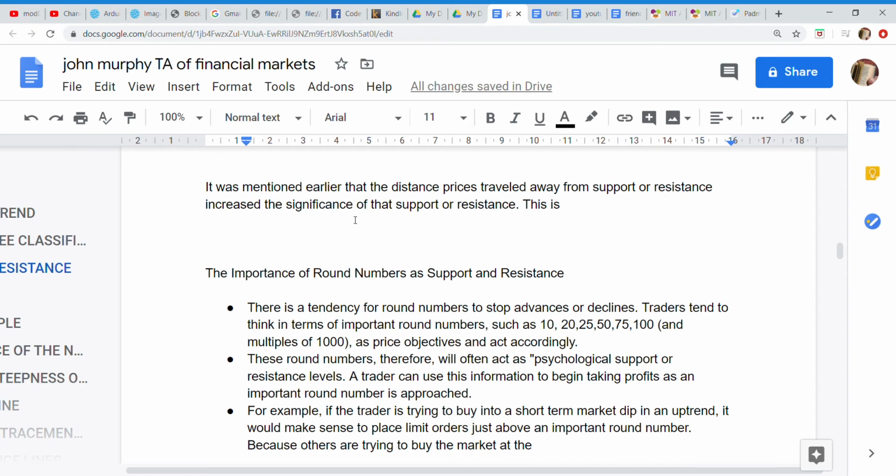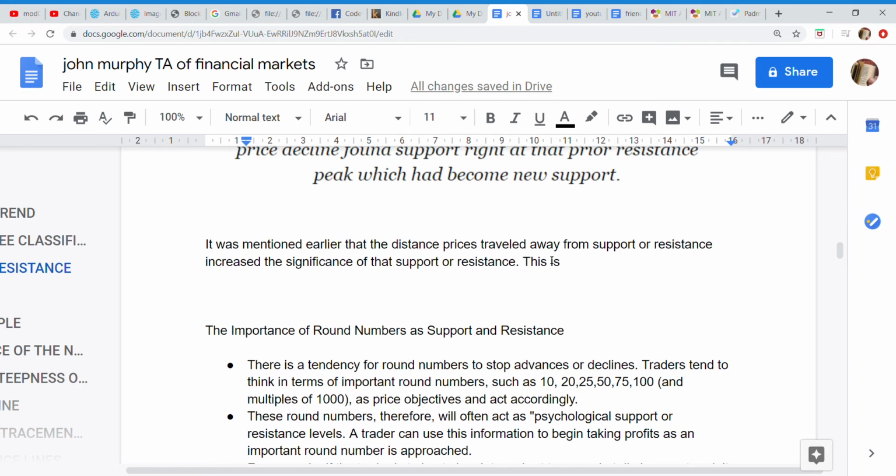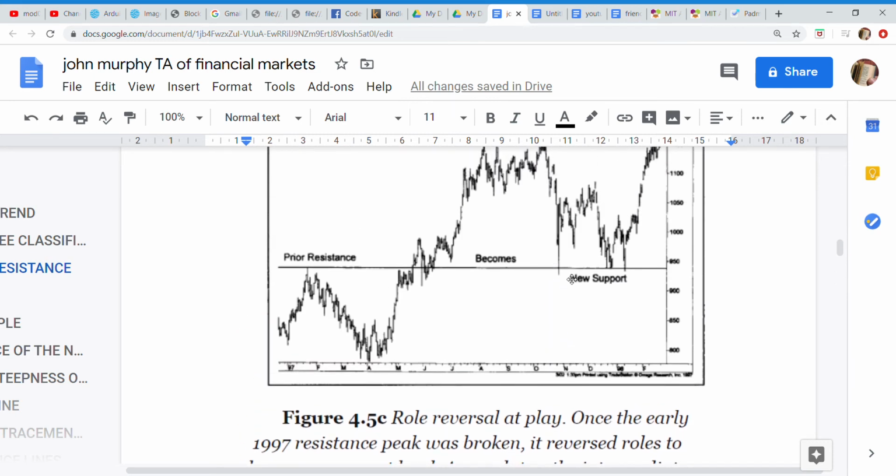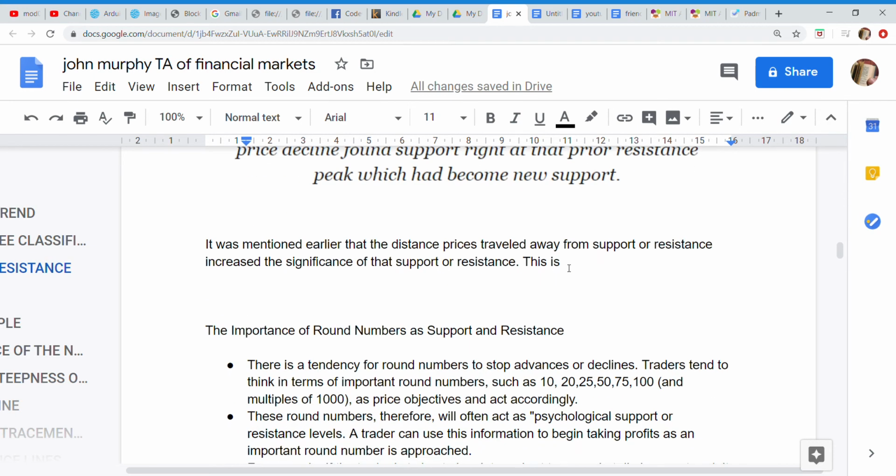It was mentioned earlier that the distance prices travel away from support or resistance increases the significance of that support or resistance. So support becomes resistance, and prior resistance becomes new support.